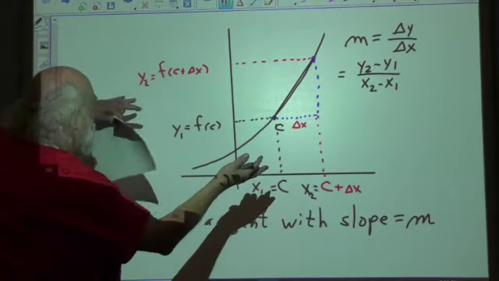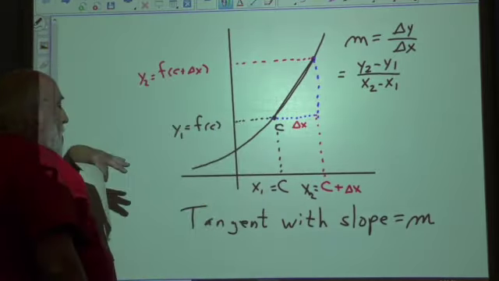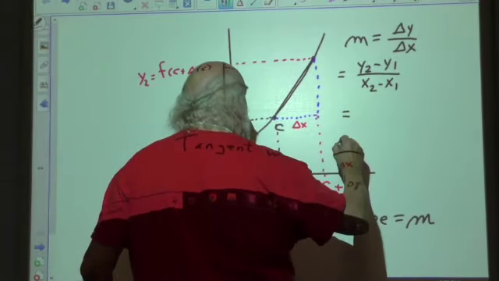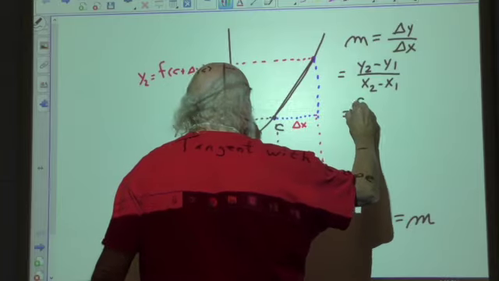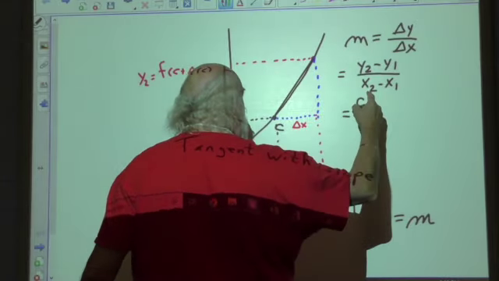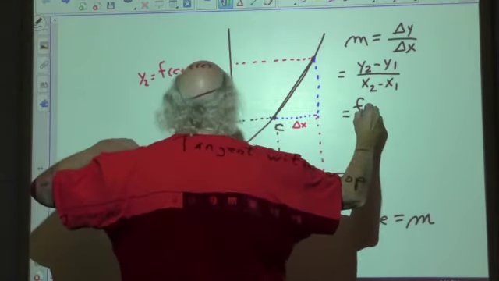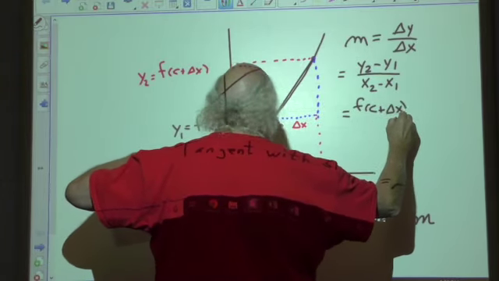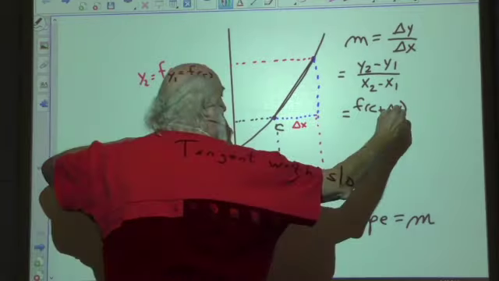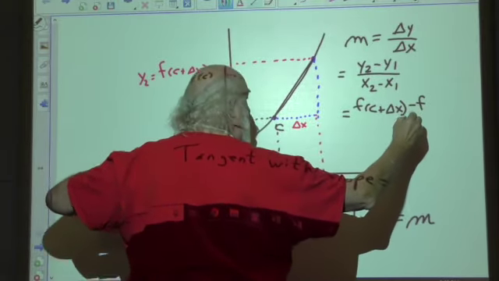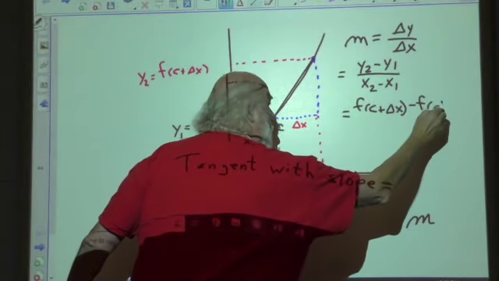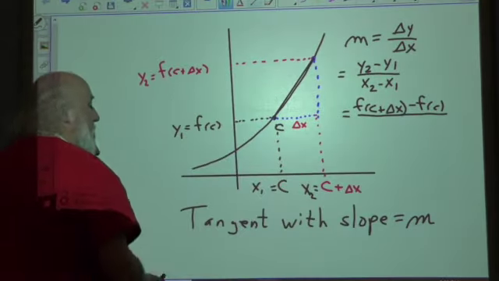Then we plug in these values for y2, y1, x2, x1, we get the function of c plus delta x minus y1, which is the function of c, over the change in x.